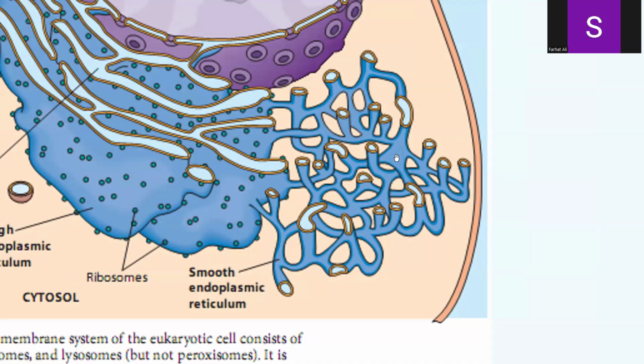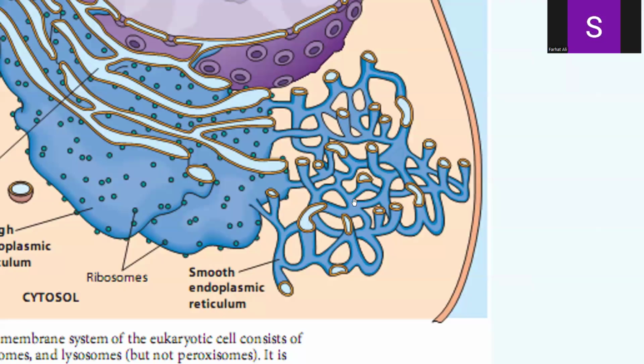This includes a variety of different types of substances like drugs, metabolites, and other substances produced inside and coming from the outside as well. They are modified by the enzymes which are present in the smooth endoplasmic reticulum. So therefore, it is important for detoxification and conversion of substances into other forms.